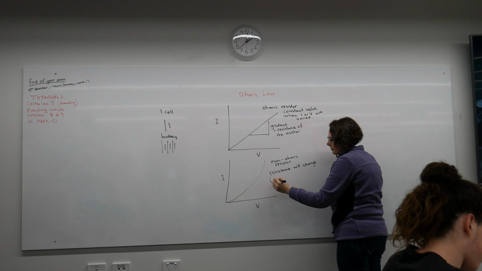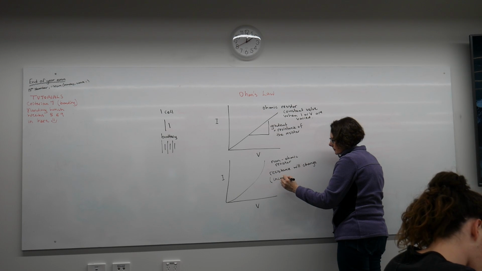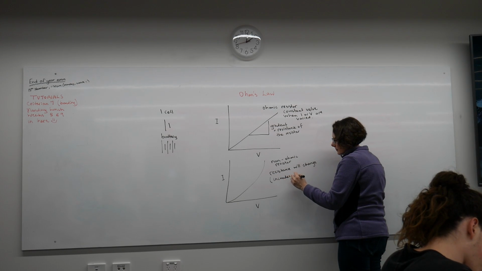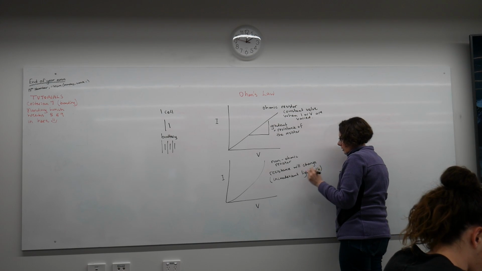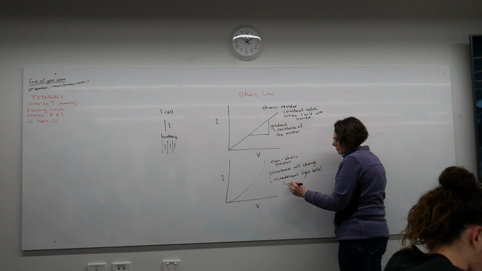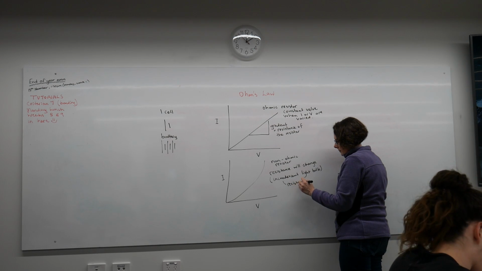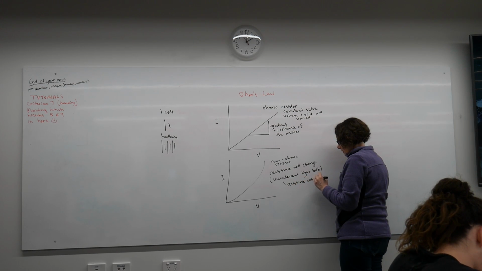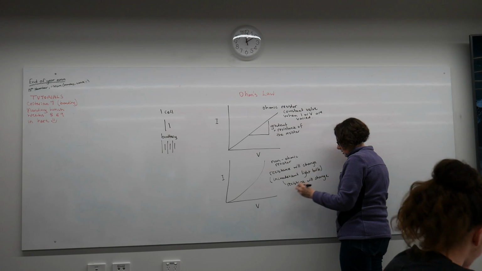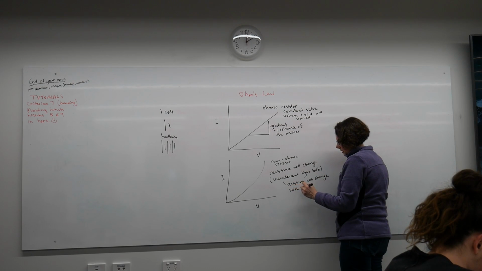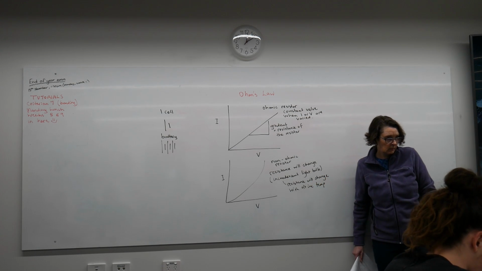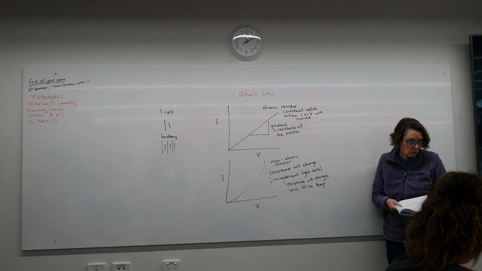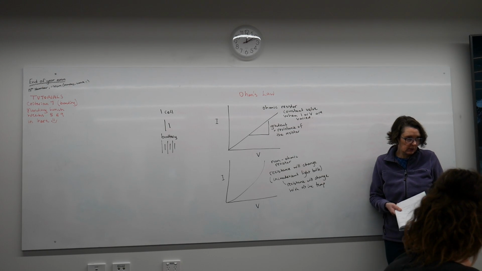An example might be an incandescent light bulb, where its resistance will change with an increase in voltage, which will bring an increase in temperature. And so when it's cool, it has less resistance and when it's hot, it has more.